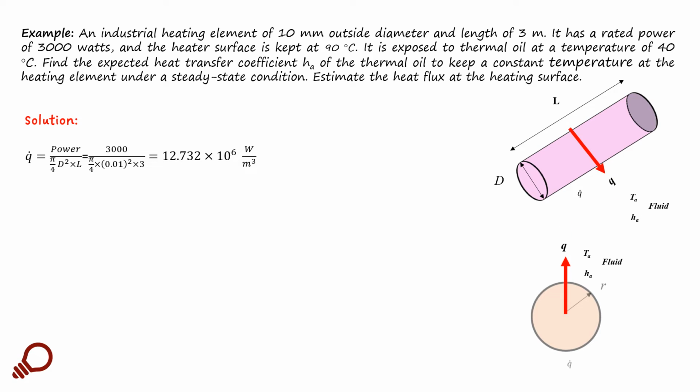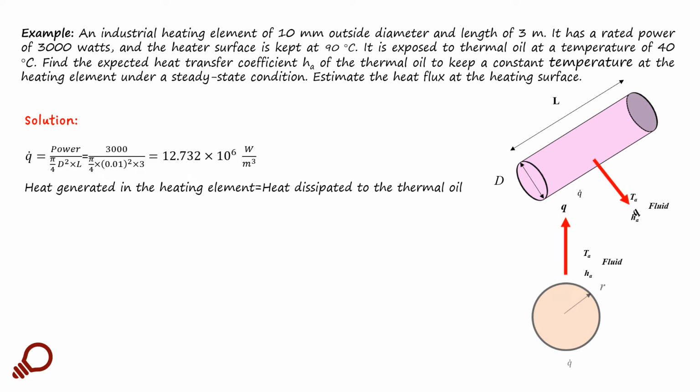Then we will end with a value equal to 12.732 times 10 to the power 6 watt per cubic meter. This is the amount of heat generation inside this element. The heat generation should equal the amount of heat dissipated to the thermal oil under steady state conditions, because there is no energy accumulation inside that element.